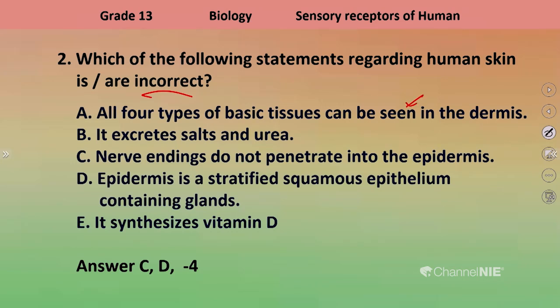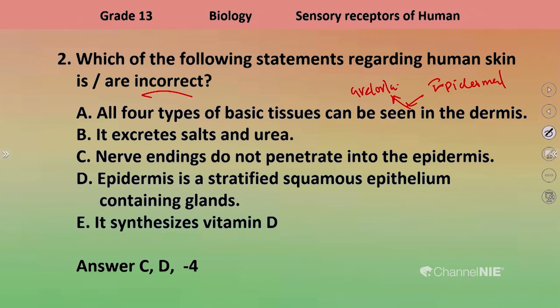If you study the basic tissue types in the body, there is epithelial tissue, stratified squamous epithelium in the epidermis. Then you have connective tissue, areolar tissue, in the dermis.